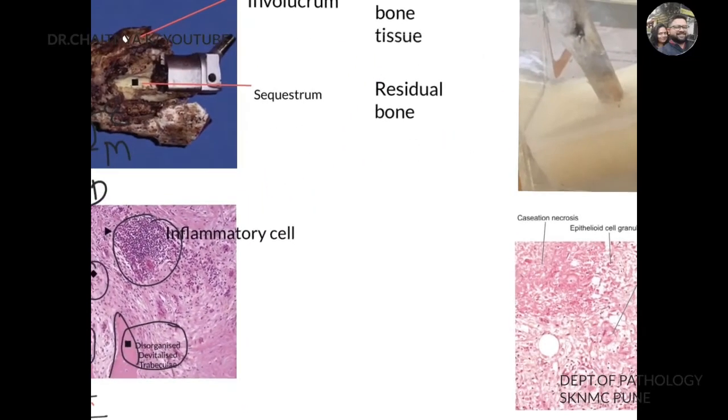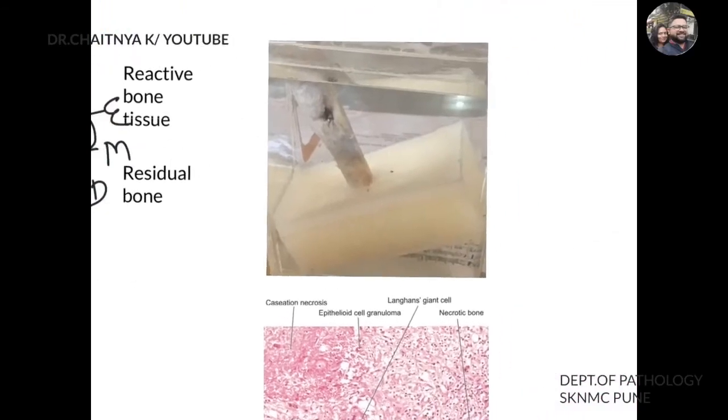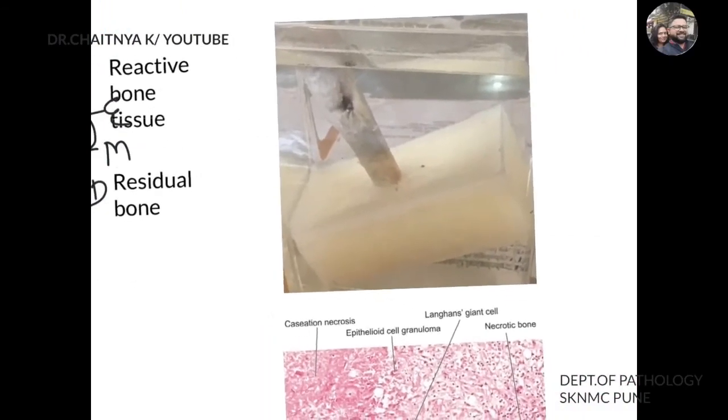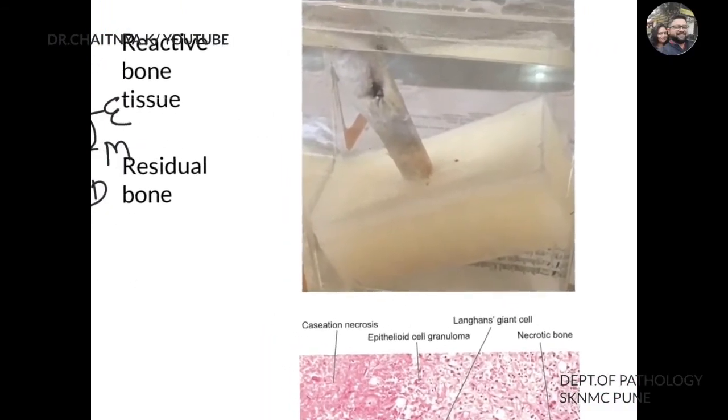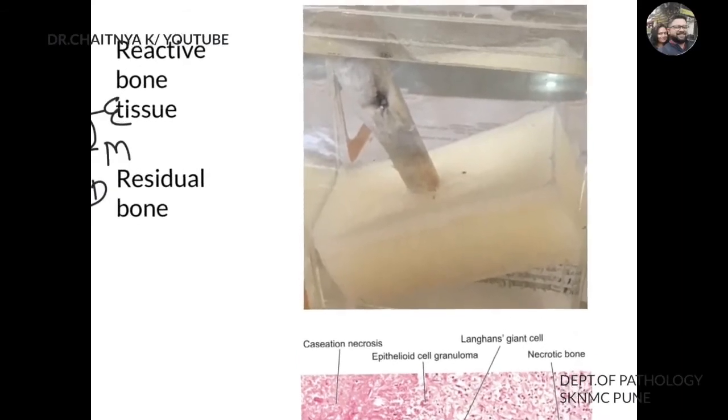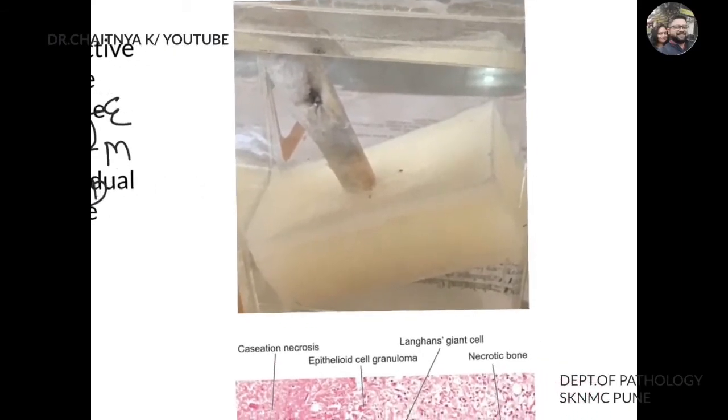Coming to the gross of tuberculous osteomyelitis, as the name suggests, it is bone infection due to tuberculosis. This is the gross specimen in our laboratory. Here you can see the bone, which is kept in formalin.